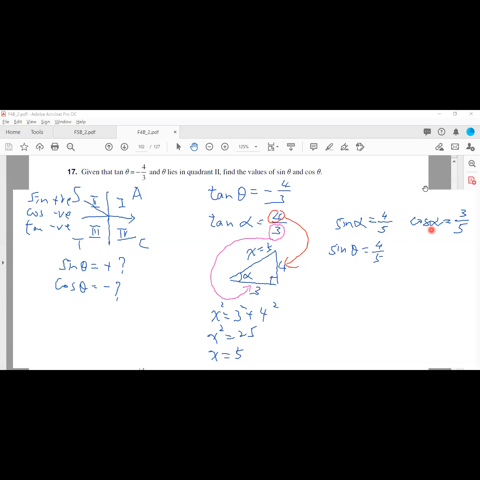Okay, and the next one is cosine theta. We have already found that cosine theta is a negative number. But negative what number? It's negative this number. Okay, so it should be -3/5. And that is the answer of question number 17. It's okay?